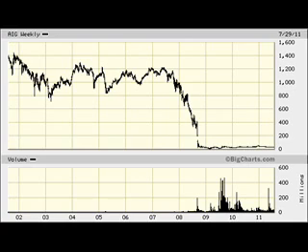AIG is a big insurance company. They do things like insure mortgages, so when mortgages default, they have to pay the creditor when the debtor can't pay the mortgage. Pretty risky business, that whole insurance thing.